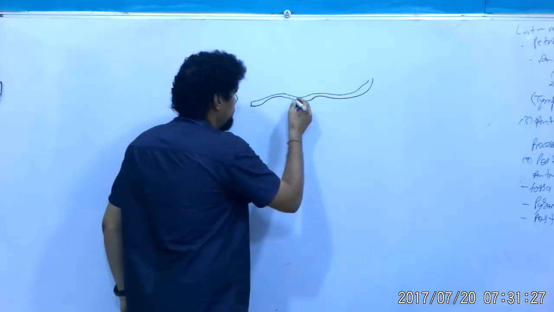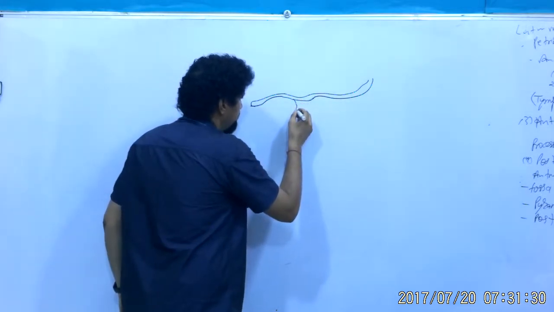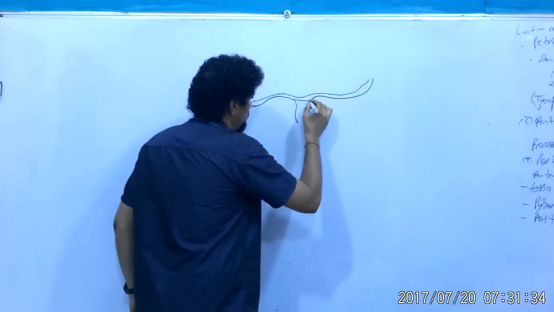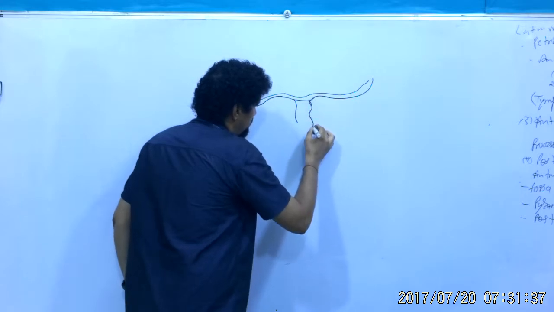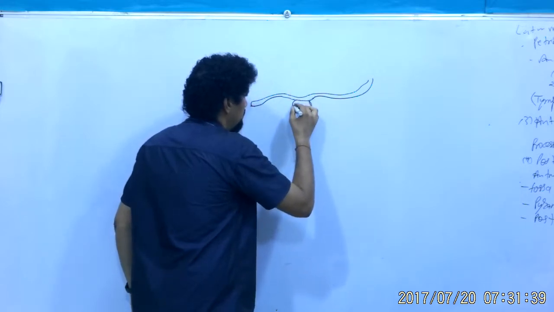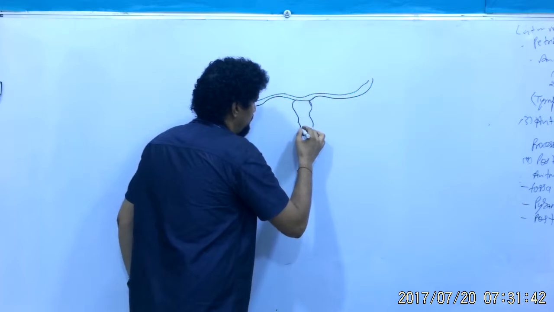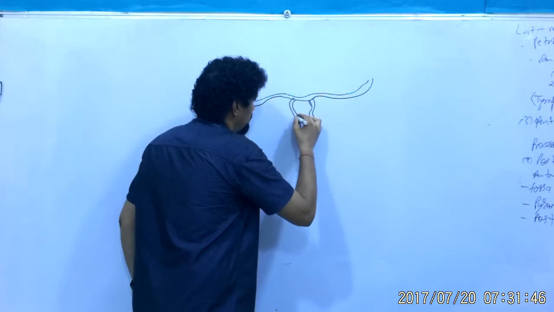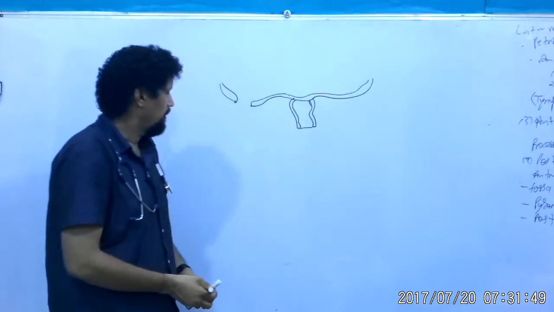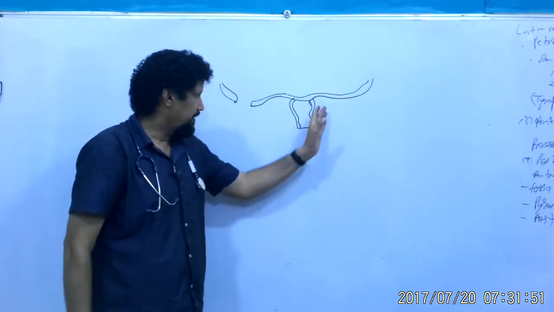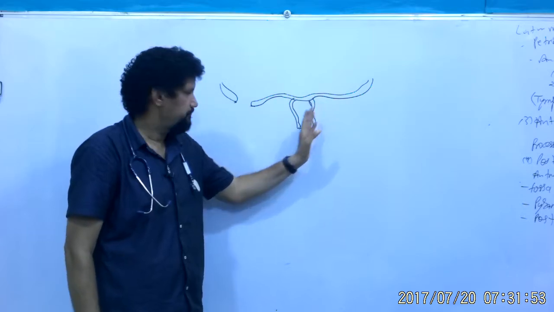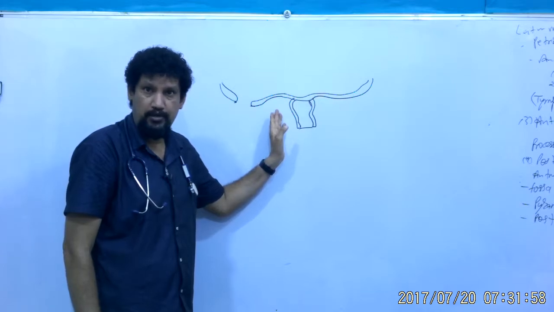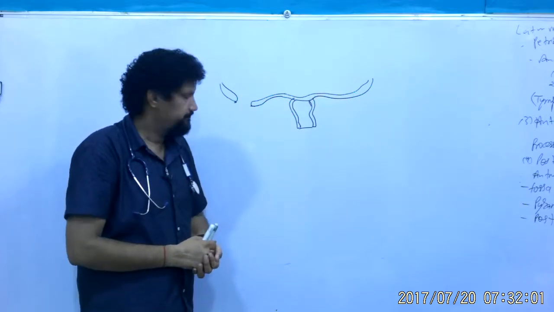This is the anterior wall or the carotid wall. The posterior wall is here, also known as the mastoid wall or mastoid surface.